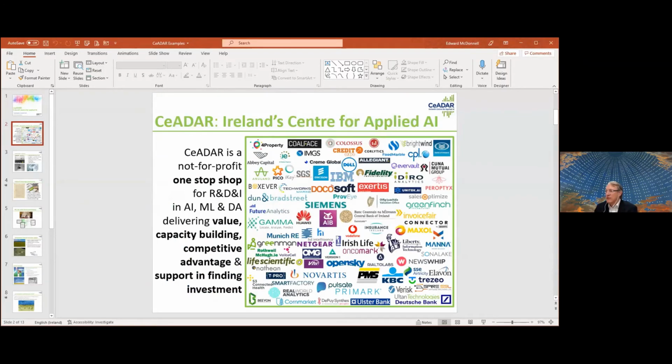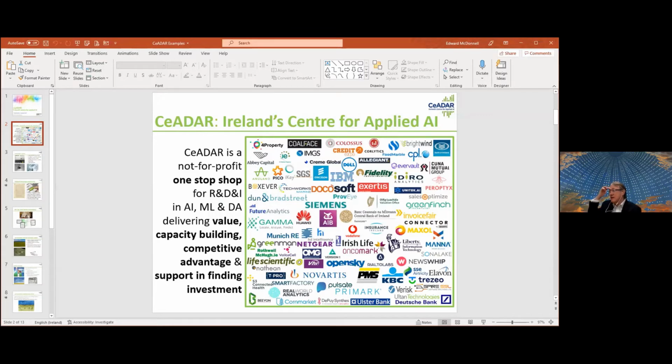ScAIe is a not-for-profit one-stop shop for all your requirements in AI, machine learning, and data analytics from beginning to end, and really everything in between. So the focus of the centre is really in building the AI machine learning capacity of industries in Ireland, and to develop a sustained competitive advantage for them, and also to work with them in finding investment to move forward their AI products and services.